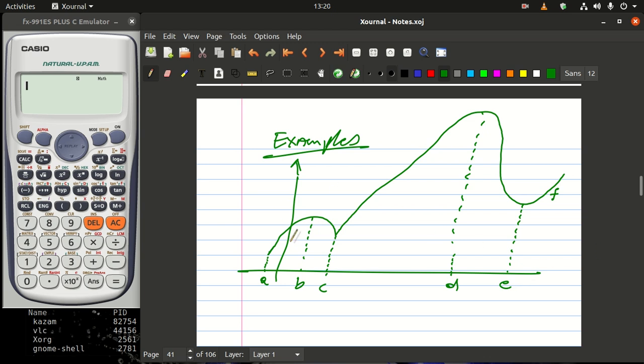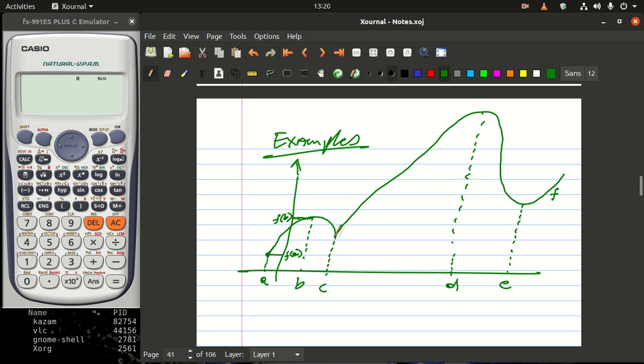If I look at this point, in order to get the output here, I know that this is going to be f of A. And if I look at this point here, it's going to be f of B. I take this B and plug it into this function to get this point.